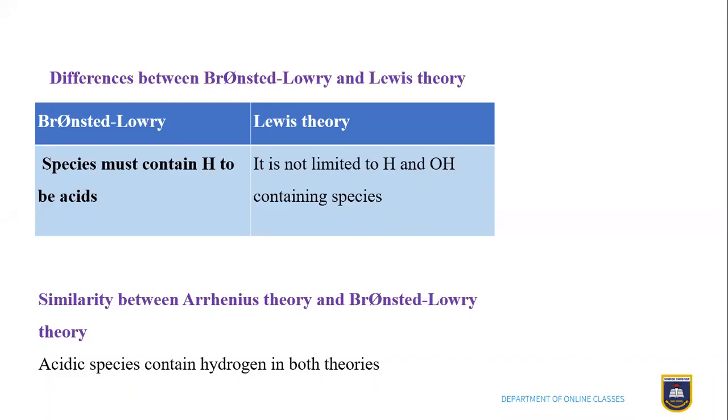So please, I want one for Lewis and Brønsted-Lowry. Can you give me a difference or similarity between Lewis and Brønsted-Lowry? All right. So for Lewis, to be classified as one, you need to have an empty orbital to accept a lone pair of electrons, or a lone pair to donate. But for Brønsted-Lowry, it's not limited to that.